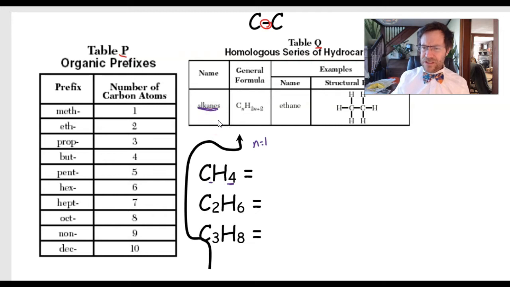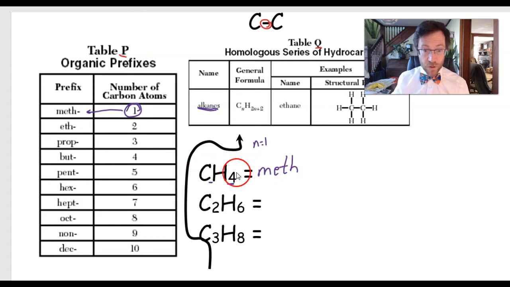But how do we know if it's methane, ethane, propane, butane, all that stuff? Well, for that, we need table P. And what we do, I'm going to say this about 1,000 times today, is count the longest chain, or the longest consecutive sequence of carbons, or how many carbons there are. So this guy has 1 carbon. If you have 1 carbon, the prefix is meth.